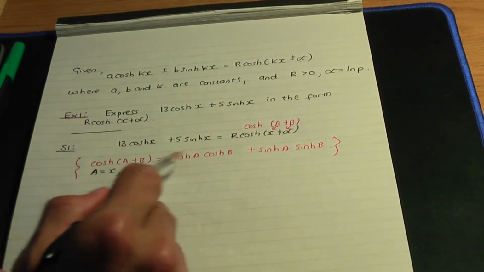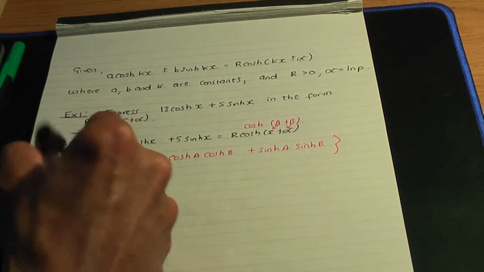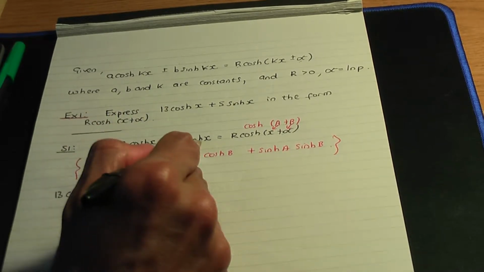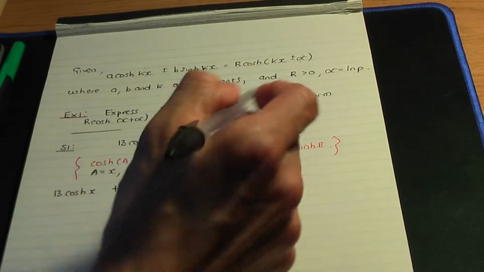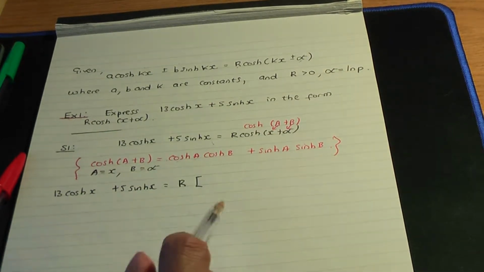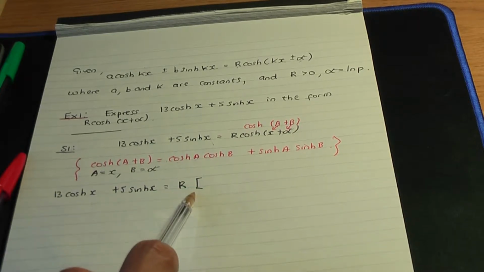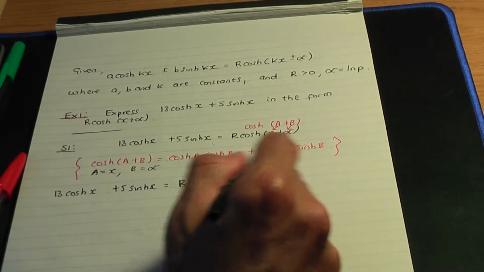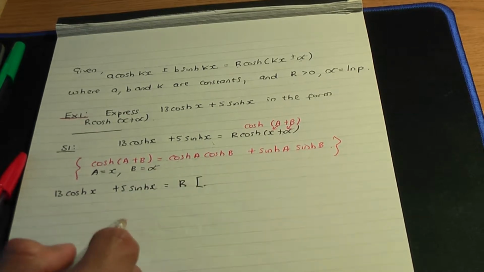So if we do the replacement of a and b into our identity, we're going to have, on the left hand side, 13 hyperbolic cos x plus 5 hyperbolic sine x, and that is equal to r. And what I normally do is, like in the trigonometric version, I write r, I open up a square bracket, okay, and then I use the identity and replace a and b into the identity within that square bracket.